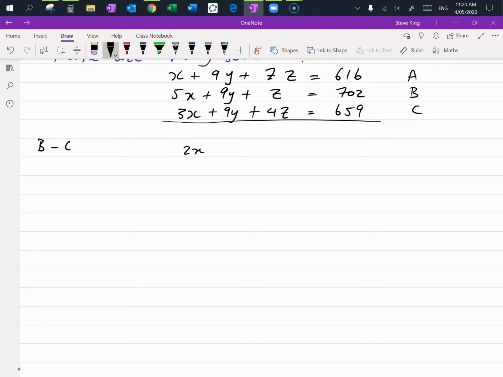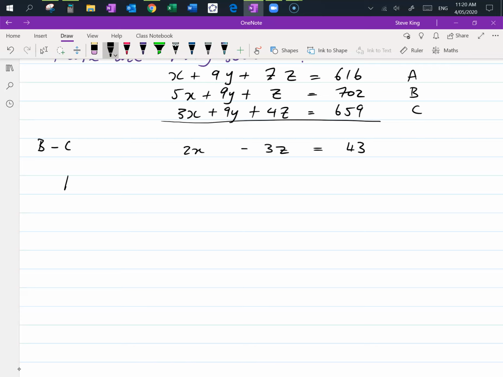If I take the one away from the other, what am I left with? I'm left with 2x minus 3z equals, what have we got? That's going to be 43. Okay, so I've got an equation now that's just in terms of x and z.